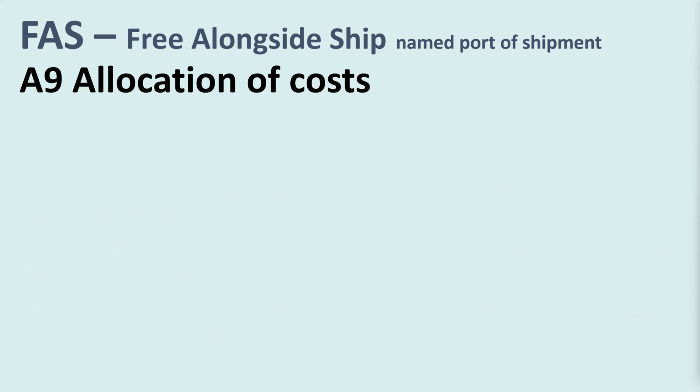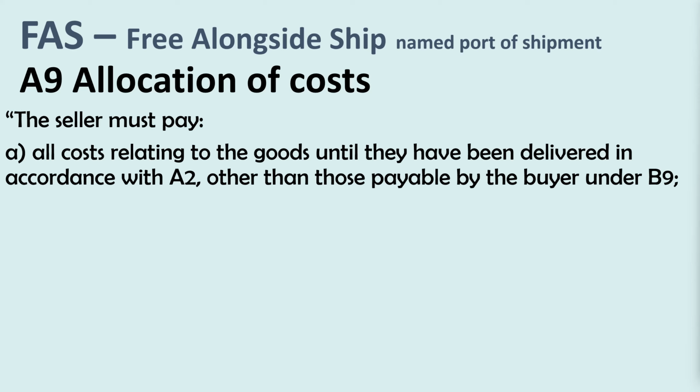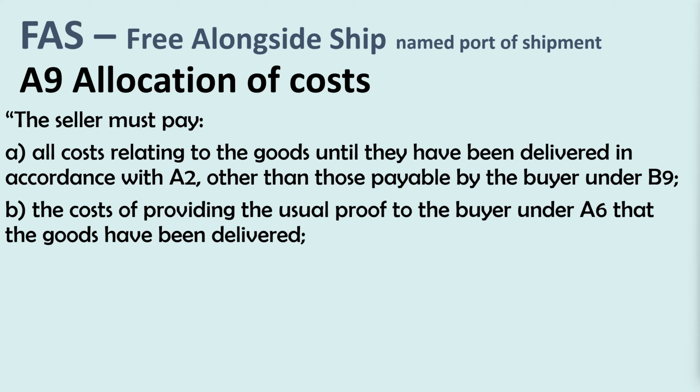A9. Allocation of costs. The seller must pay A, all costs relating to the goods until they have been delivered in accordance with A2, other than those payable by the buyer under B9, which we'll see very shortly. The seller must pay B, the costs of providing the usual proof to the buyer under A6 that the goods have been delivered.